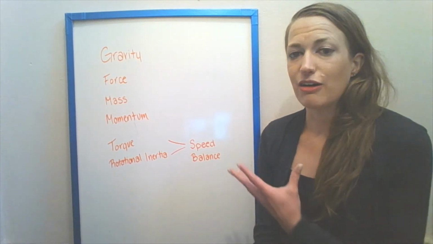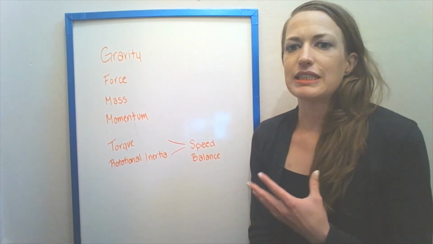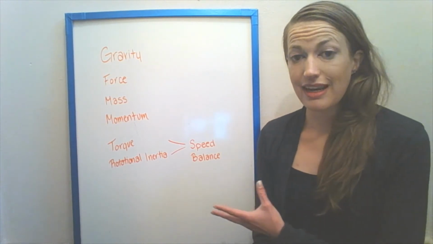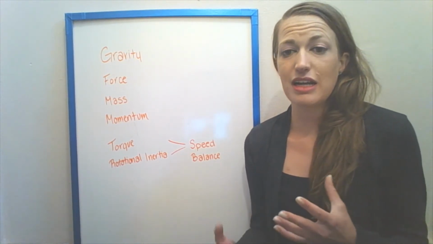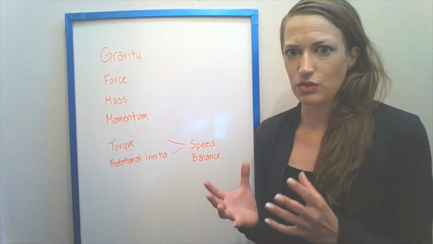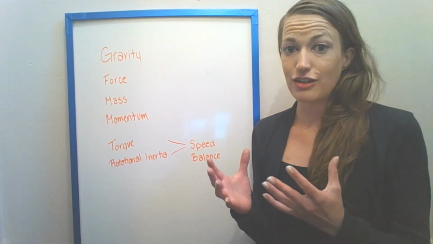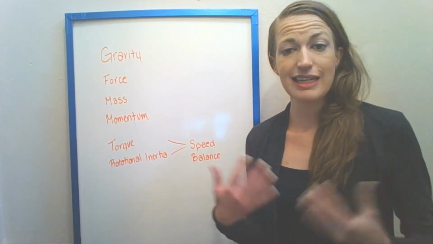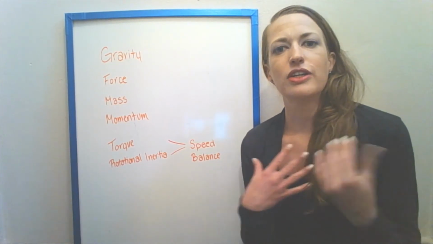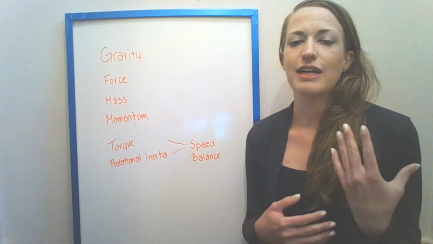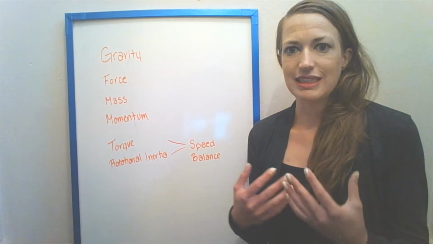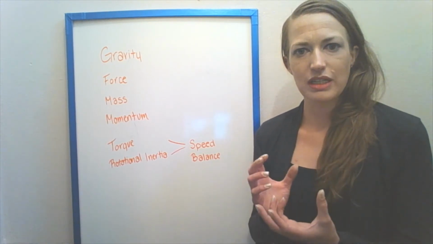This affects our speed in turns, this can affect our balance, and it comes back to if you lose any of your technique and if you let things drop, you're now affecting your balance. You're now falling out of that alignment to keep your speed going where it needs to.